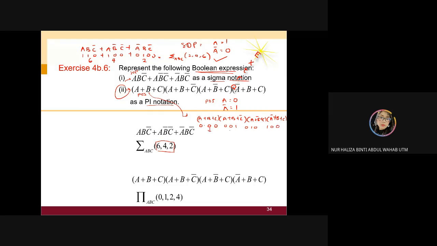I convert to decimal and get 0, 1, 2, and 4. So my pi representation, I have A, B, C and it will be 0, 1, 2, 4. So that is my answer.